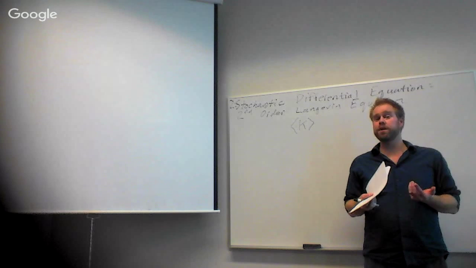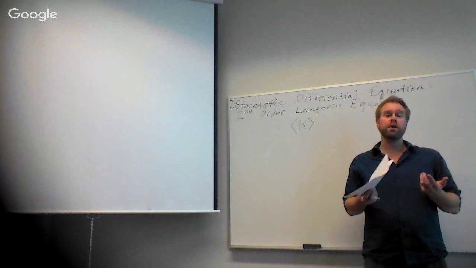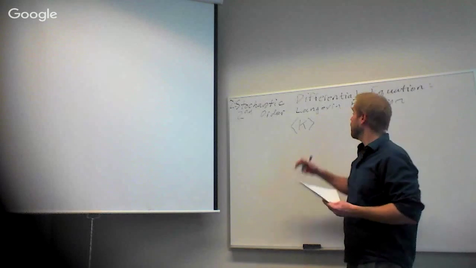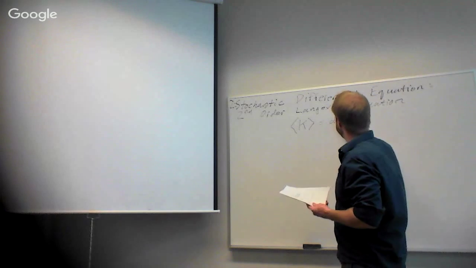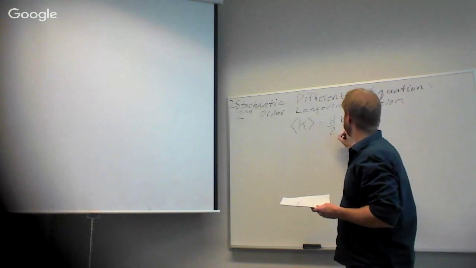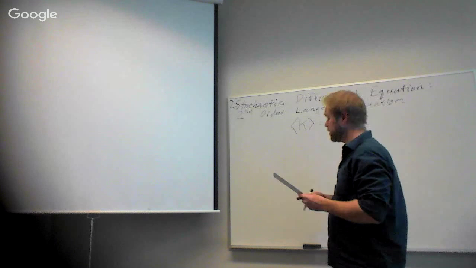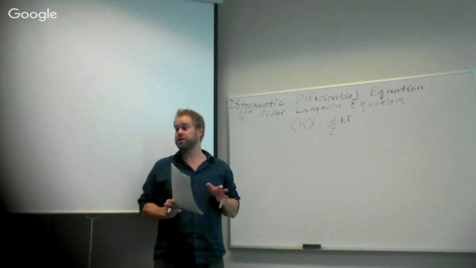The average potential energy in your system equals the average kinetic energy. And so if we look at the average energy of a particle in our system, it is kT in each degree of freedom, and that's shared with potential. So we basically have 1/2 kT per degree of freedom in our average kinetic energy. Okay? This is the equipartition theorem.